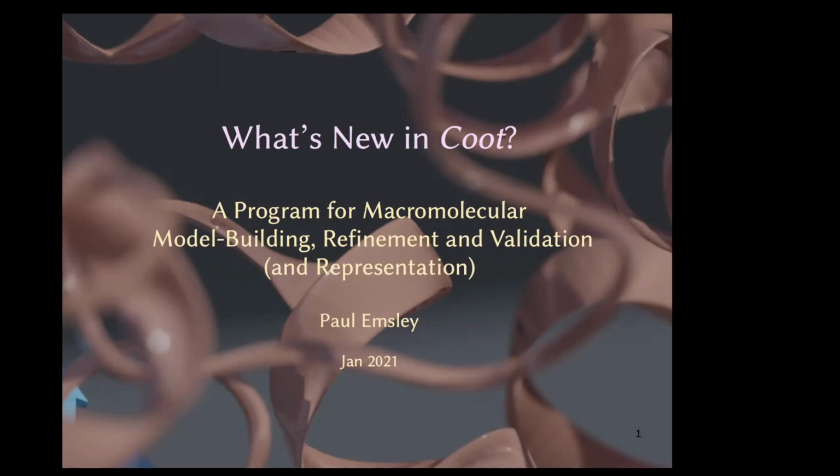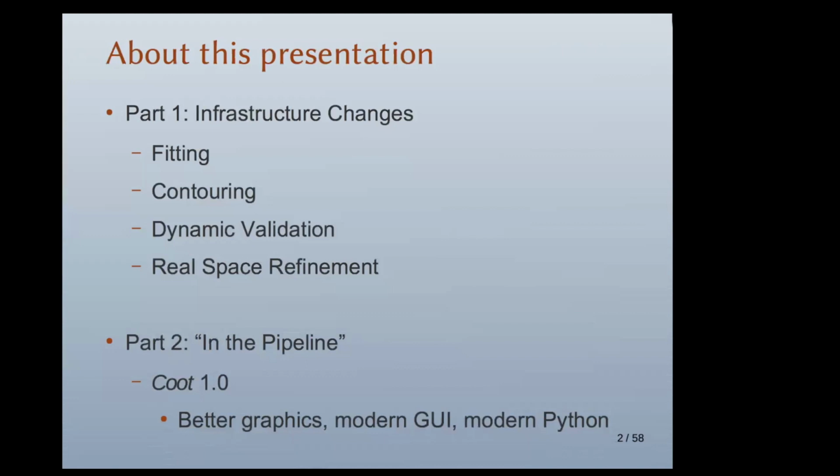So Coot is programmed for macromolecular model building, refinement, validation, and as I hope to show you, now representation. This presentation will be in two parts, and I'll be discussing the 0.9 series in the first part and the 1.0 series in the second.